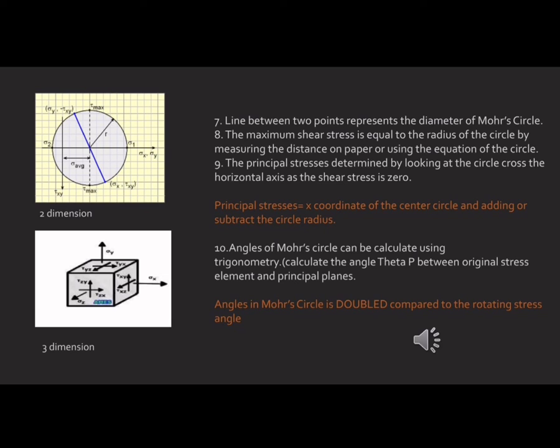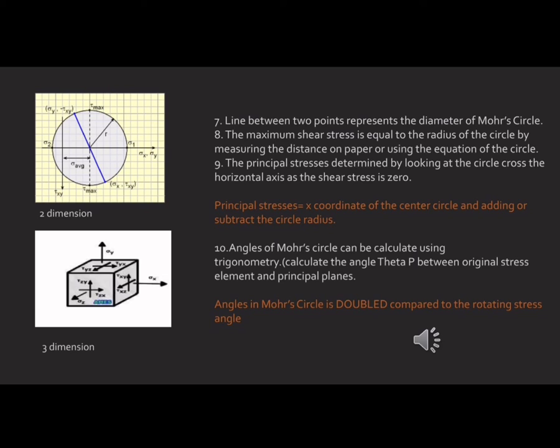The principal stresses are determined by looking at where the circle crosses the horizontal axis, as the shear stress is equal to 0. So the principal stresses are equal to the x coordinate of the center of the circle, adding or subtracting the circle radius. Then the angles of Mohr circle can be calculated using trigonometry.